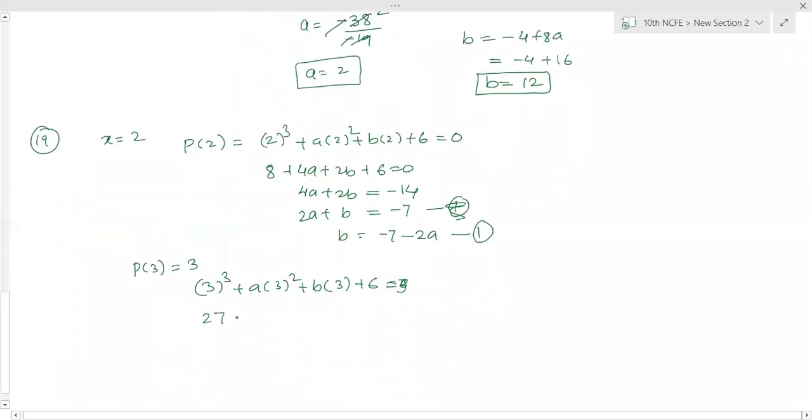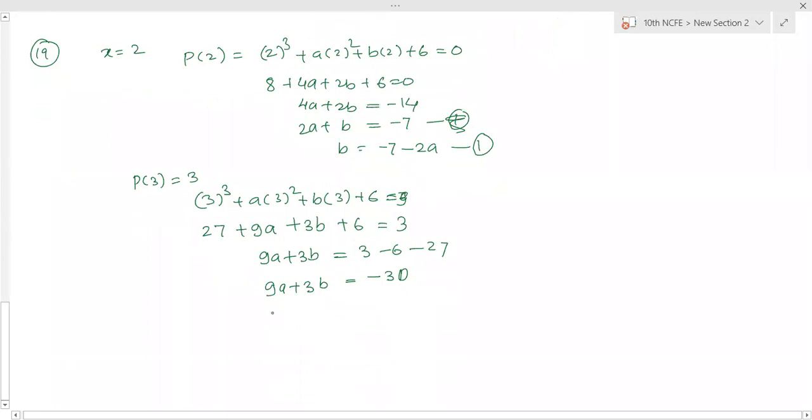So 27 plus 9a plus 3b plus 6 is equal to 3. 9a plus 3b is equal to 3 minus 6 minus 27, that is minus 30, sorry, it is minus 30. 9a plus 3b is equal to minus 30.